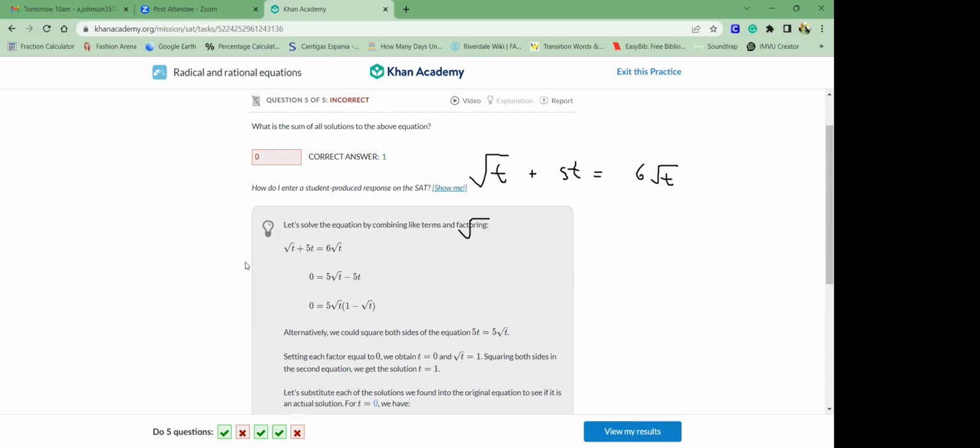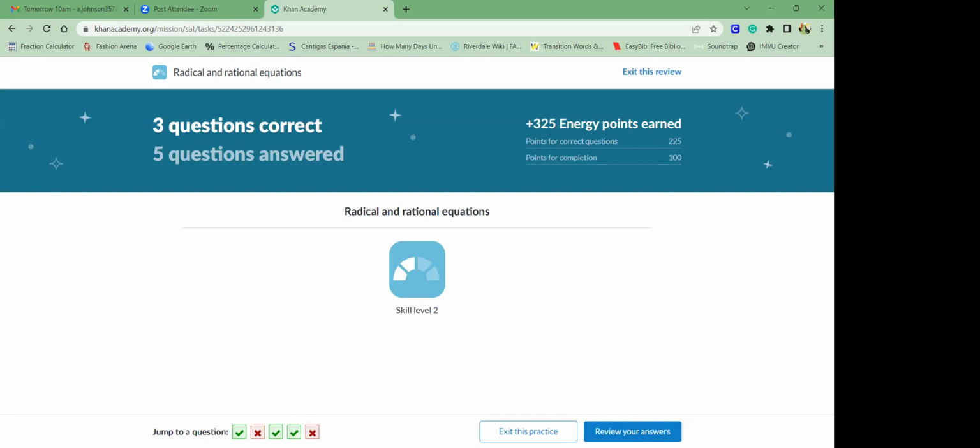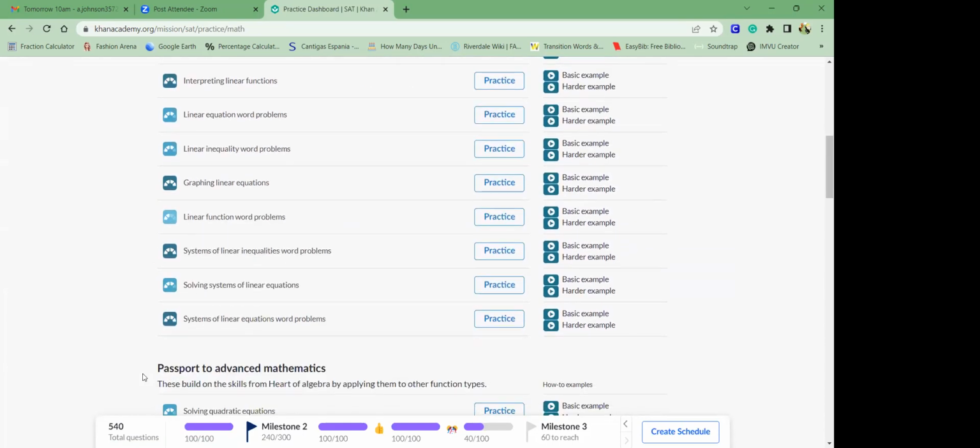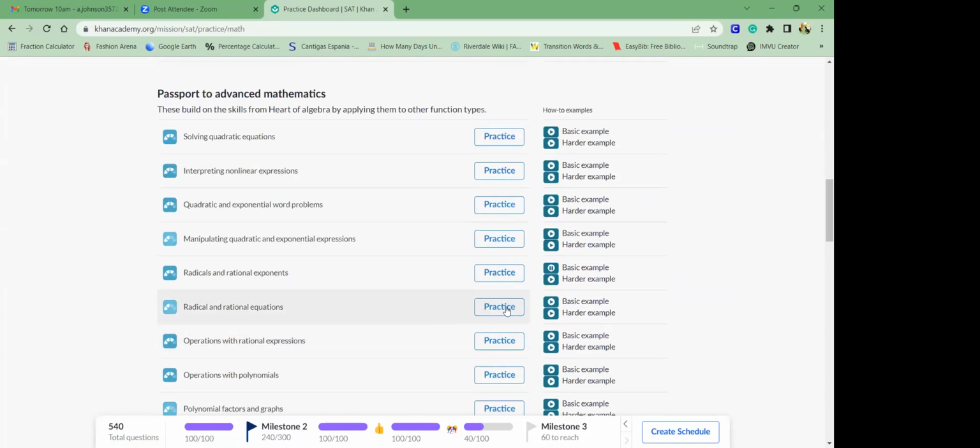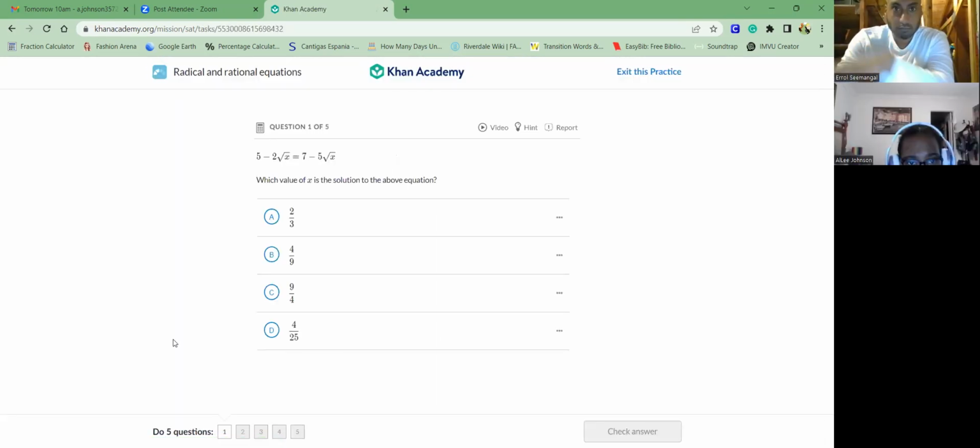Okay. All right, let's go to the next one. Which value of x is the solution to the above? Okay, same idea. Collect your like terms and then solve for x.